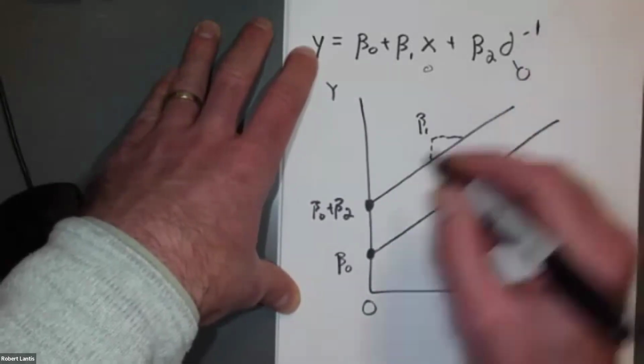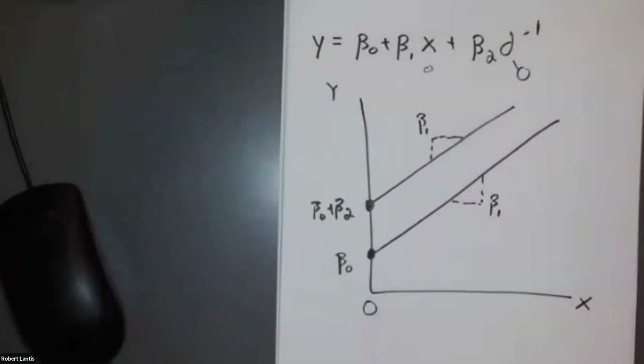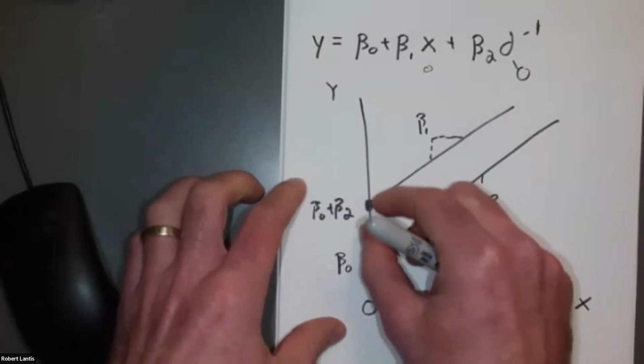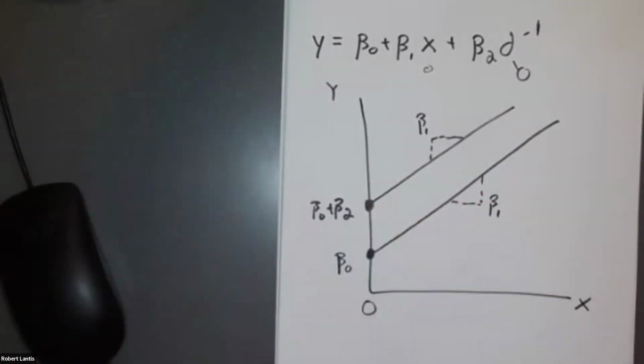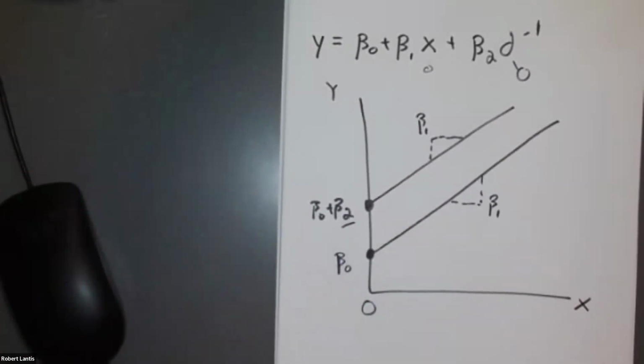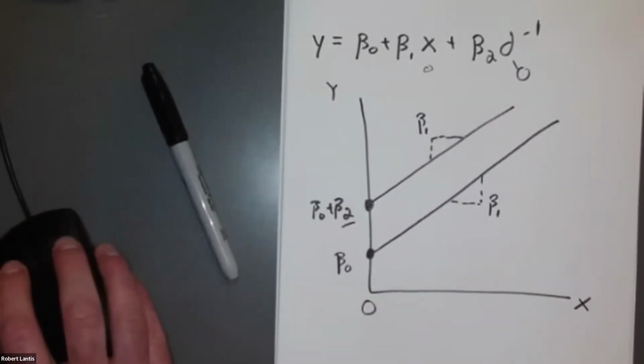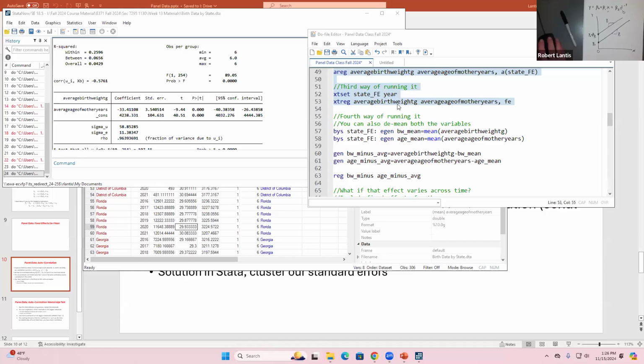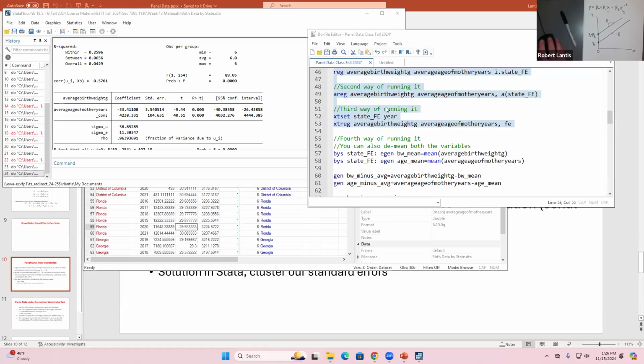So if we're thinking about males being the one group, maybe their starting point is a little bit higher. So all we're really doing is saying that there's a difference in the average of these two groups, right? What is that difference in the average? Beta 2.